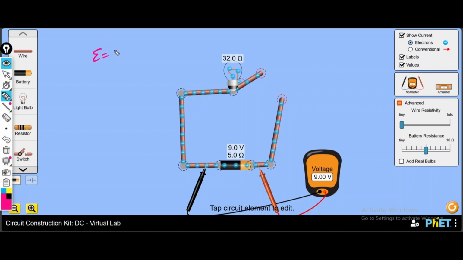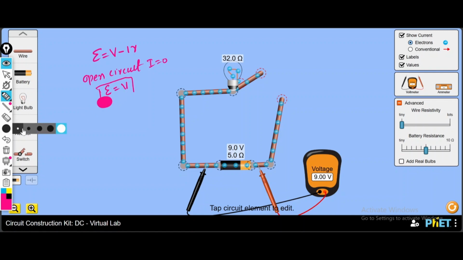This electromotive force is equal to V minus IR. So if this is open, for the open circuit, the current will be 0. If this current is 0, then 0 multiplied with r will be 0, and in this case, the electromotive force will be equal to the voltage here.